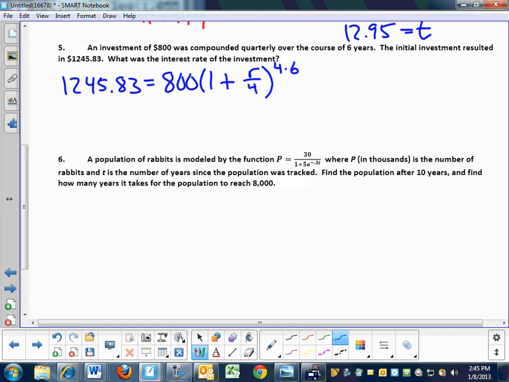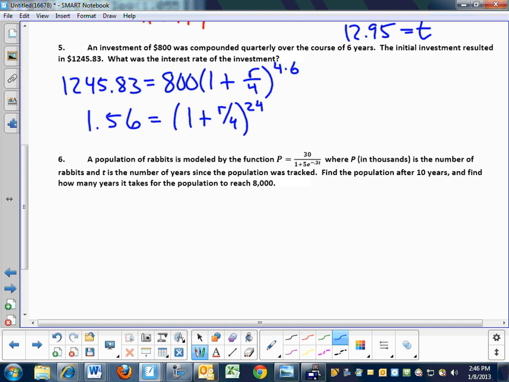So I'm trying to solve for R. That looks difficult. What should I do to both sides? Divide by 800. 1,245.83 divided by 800. Okay, now I have this expression to the 24th power.